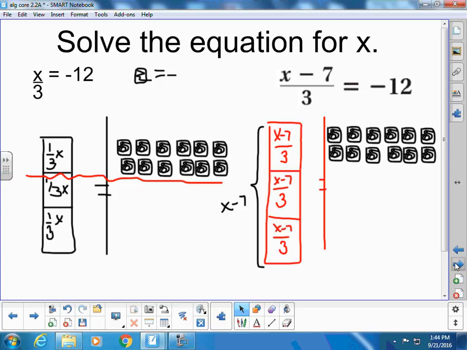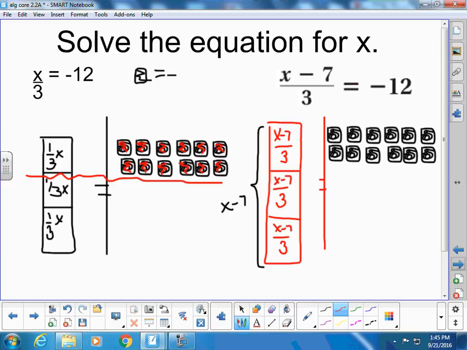Here are some examples of solving the equation for x. When we talk about x divided by 3 equals -12, I don't know why these are all scribbled in, so these are all negatives. If x is divided by 3, I took an x and I divided it into 3 parts.